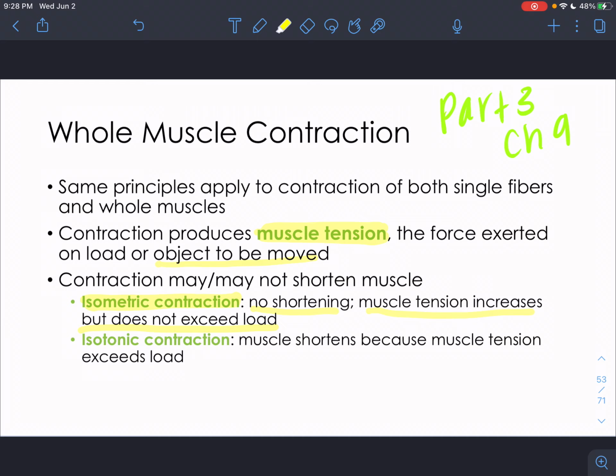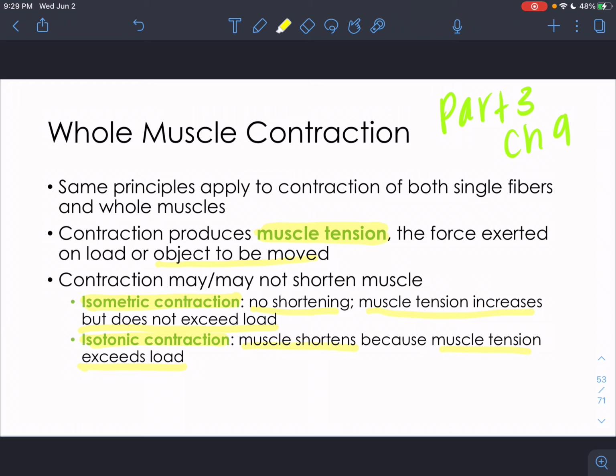You're just holding it still, but still maintaining or increasing tension in your muscle, but you're not actually contracting, right? So if you're holding a plank, you're increasing muscle tension, but not actually contracting those muscles to shorten them to move. Whereas with isotonic contractions, the muscle actually shortens because the muscle tension is going to exceed the load.